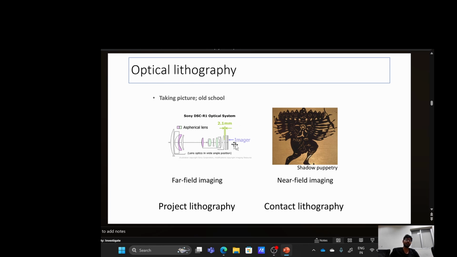In contact lithography, the distance between the shadow mask and the imager is very small. In subsequent lectures you will understand how this happens.